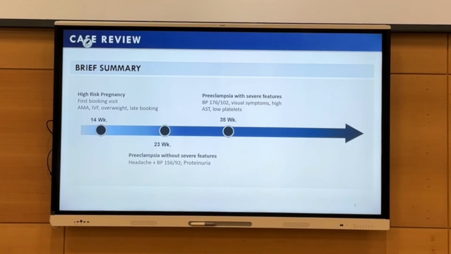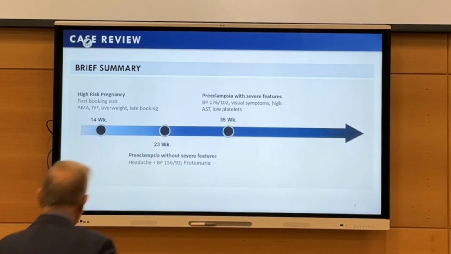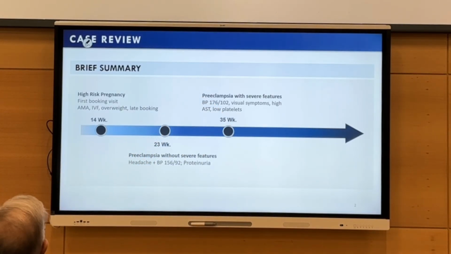Later, she presented again at 35 weeks. Her blood pressure was 176 over 102, and she had blurry vision. Her liver function was deranged along with low platelets. So she was admitted to the labor and delivery ward with a diagnosis of preeclampsia with severe features, and she underwent C-section.